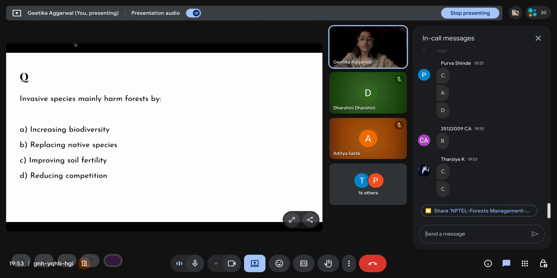Okay, invasive species mainly harms forests by which one of these? It's increasing biodiversity, it's replacing native species, it's improving soil fertility, or it's reducing competition. So, how is an invasive species harming a forest?